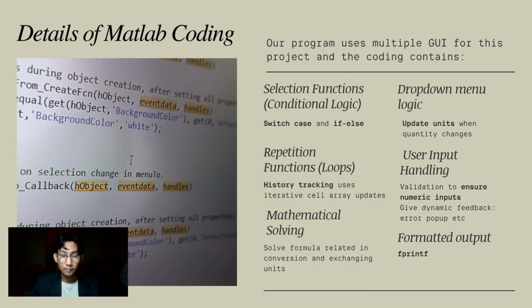So next is mathematical solving. We use formulas, for example in our reports, formulas to calculate force, to convert speed, and so on. And lastly is the formatted output of fprintf, which we use to label the unit, for example feet, meter, and so on.